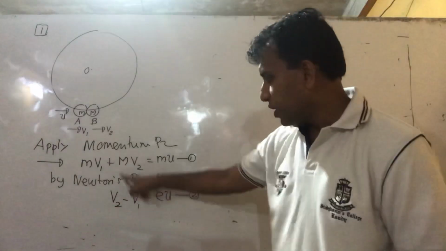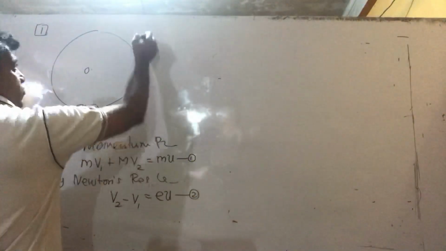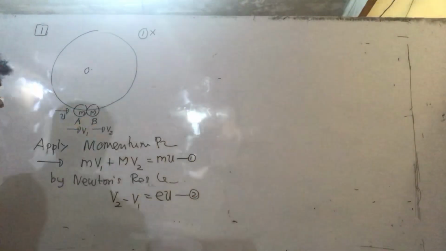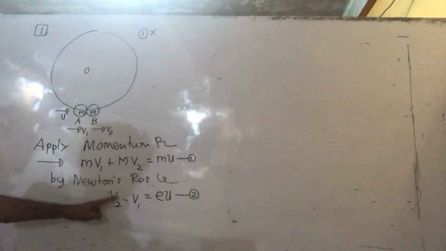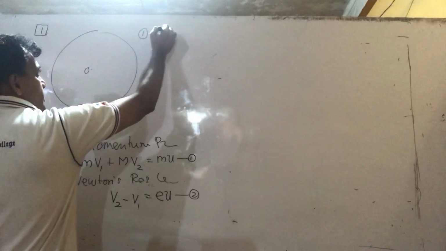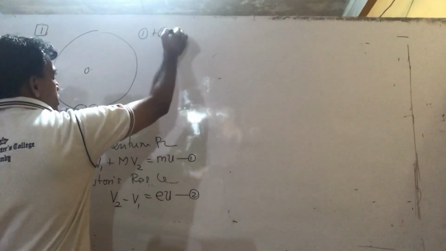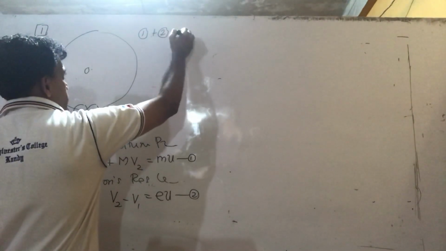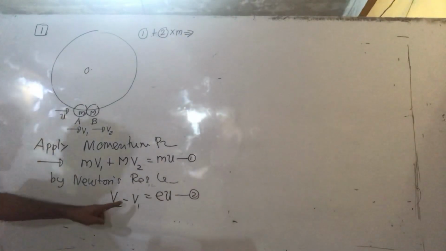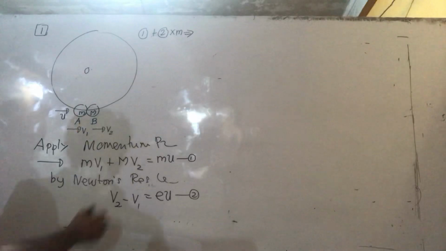If I remove v1, how? Multiply the first equation by... here m v1, here m v2. Add the first equation to the second equation multiplied by small m. So here m v1 minus m v1 cancels.